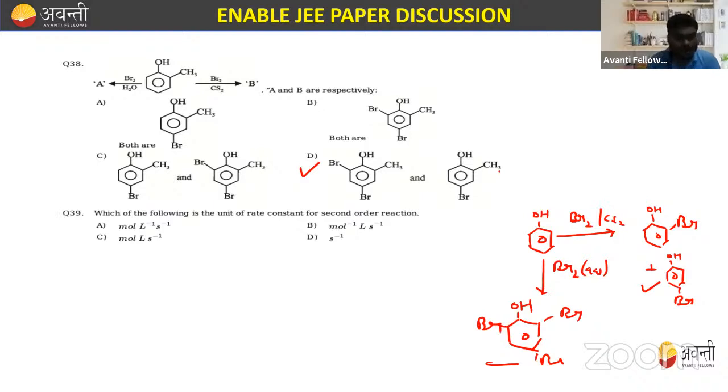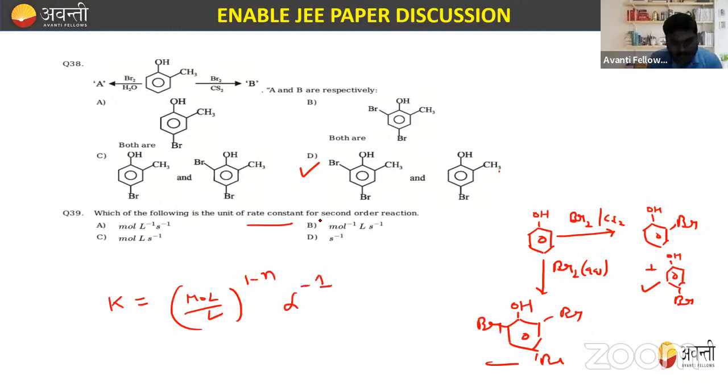What they ask is, which of the following is the unit of rate constant for the second order reaction? So if I'm talking about the second order reaction, what is the formula for finding the rate constant unit? We have one formula by which we can find the unit of rate constant: mole per liter raised to the power 1 minus n, and second inverse.